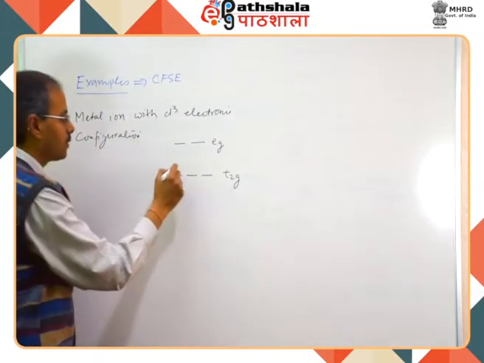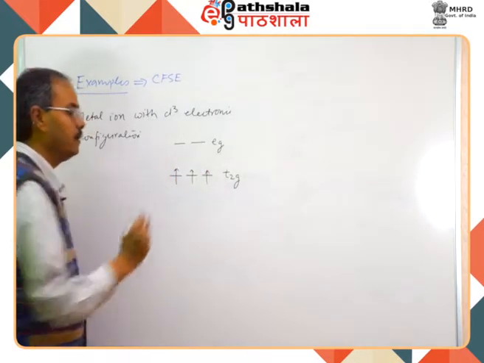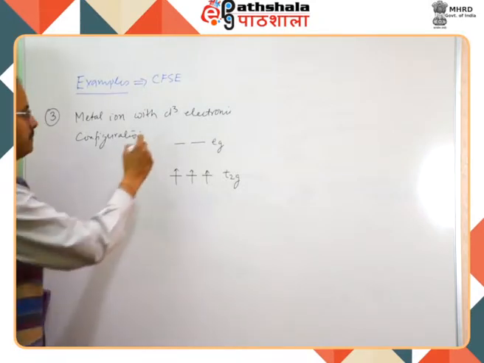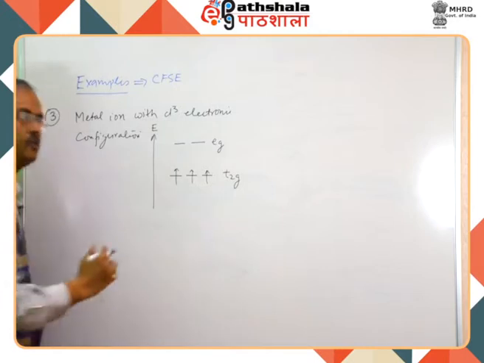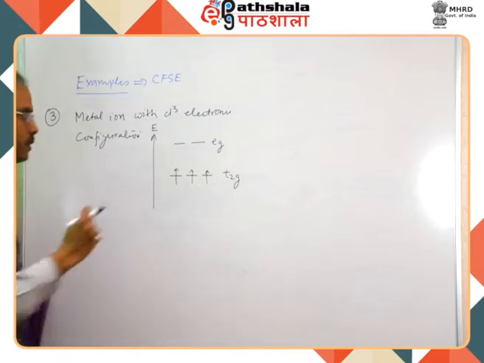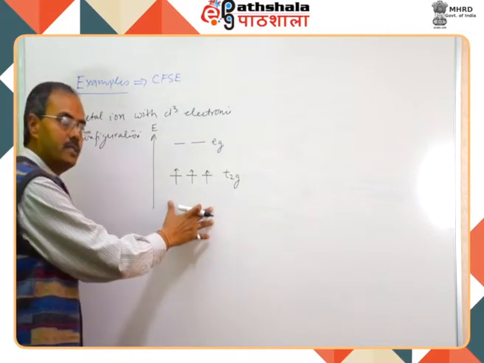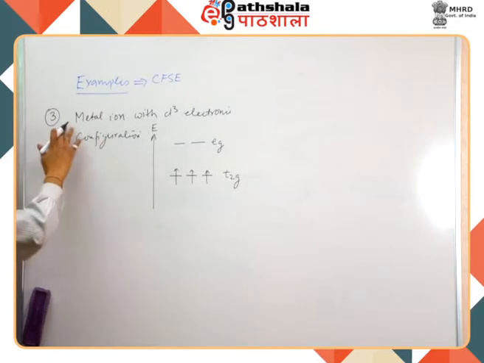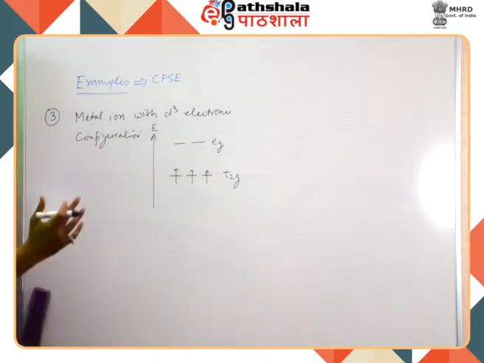As we have 3 electrons, there is no problem. All these 3 electrons will go and occupy the T2G set of orbitals. Remember, this is the energy scale, so we have to start filling up the electrons from the lower energy, or the electronic configuration which is more stable. So up to the metal ion with D3 electronic configuration, there is no confusion.